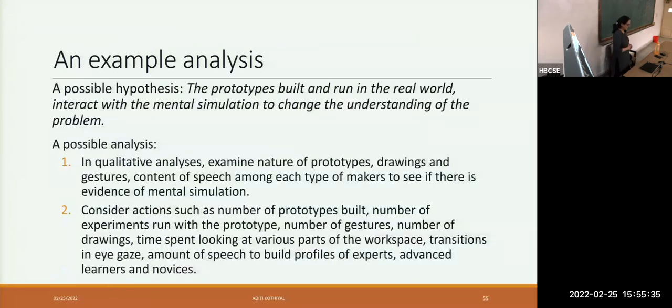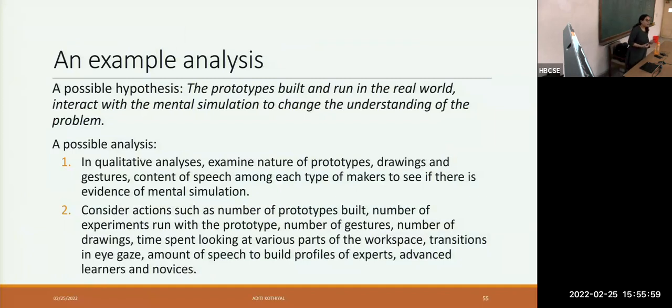So one example analysis: what I would do is, if there was a hypothesis that the prototypes that people build in the real world, and when they interact with them, with mental simulation but also with experimentation, that's going to change the understanding of the problem.